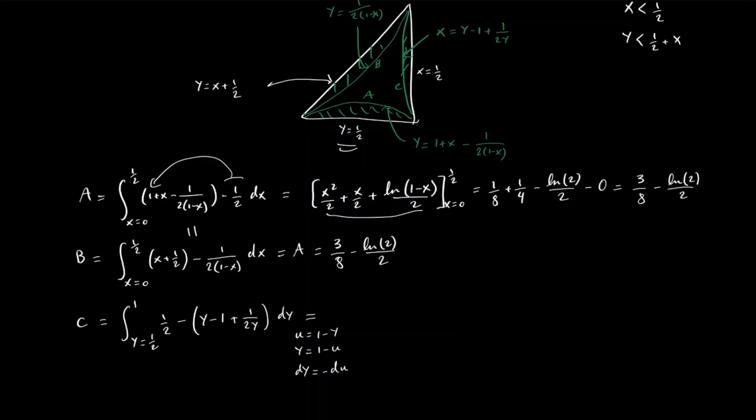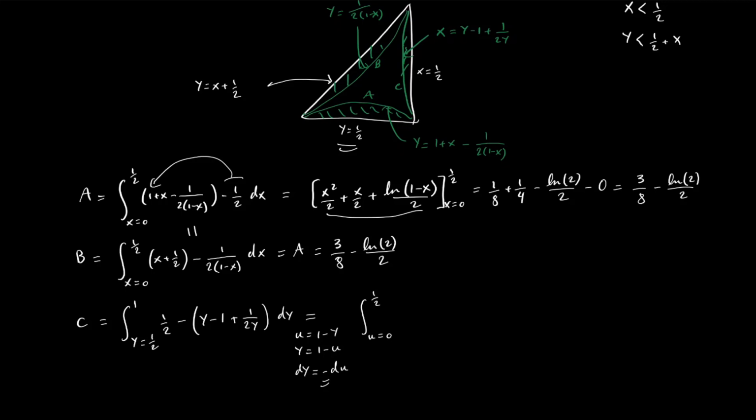So we are going to do the integral from u equal 1/2 to 0, but this is exactly like doing the integral from u equal 0 to 1/2, and the minus du will become plus du as long as we invert the bounds of the integral.